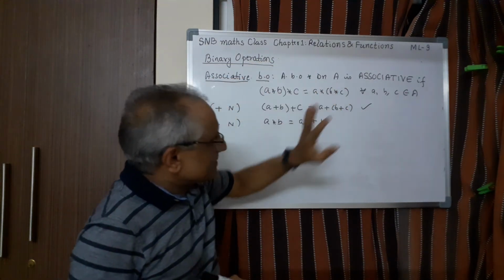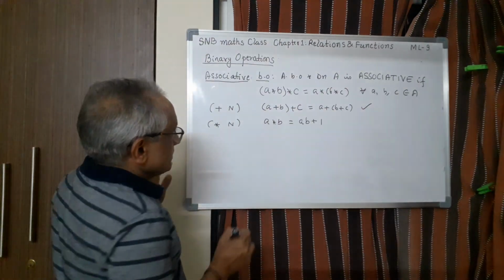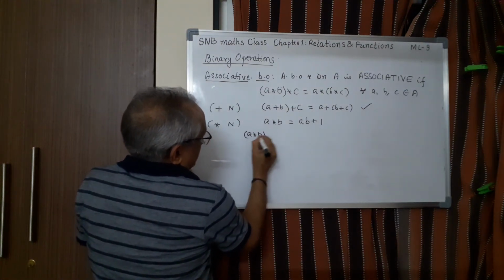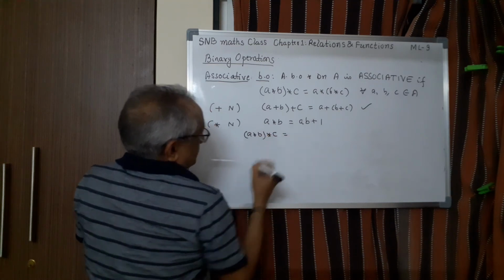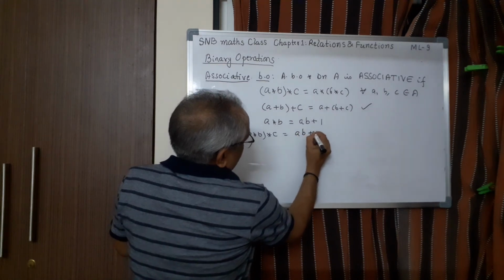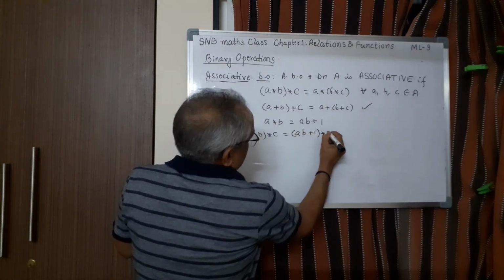Then we have to see whether they are equal, then definitely associative. So let me do that one. Now A star B star C, let us consider. Now A star B is AB plus 1, then star C.